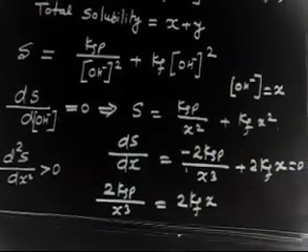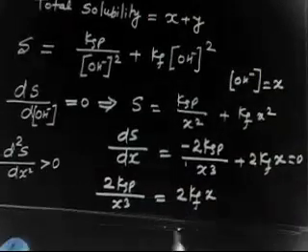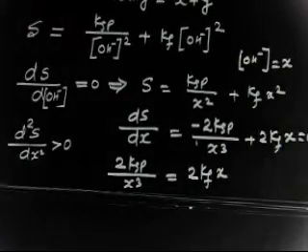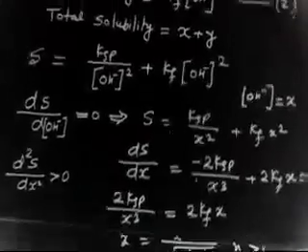This can also be proven by this expression. Are you getting it or not? If you are not getting it, I can prove it, so let us prove. One minute I will take, not more time.